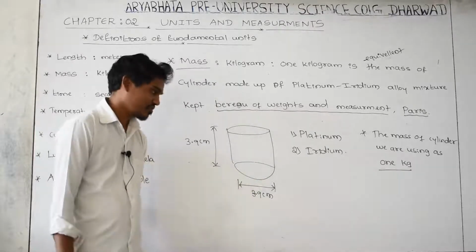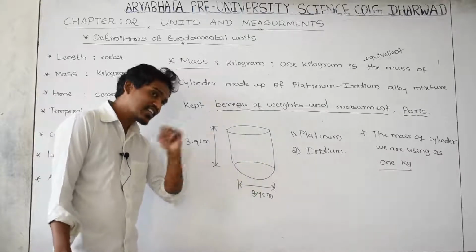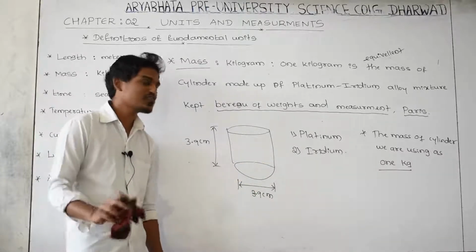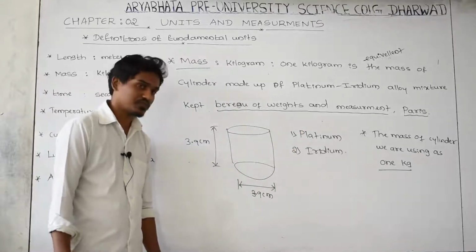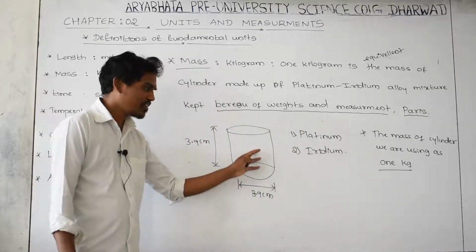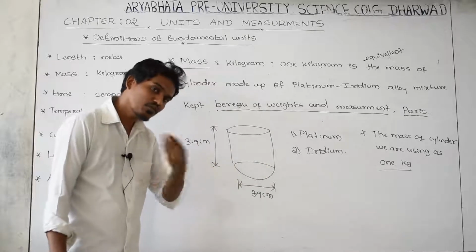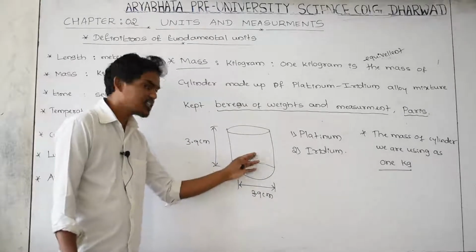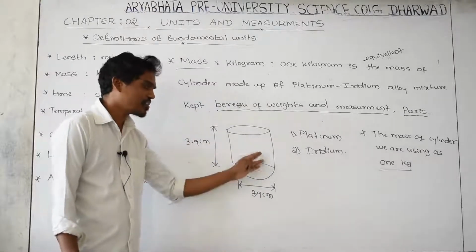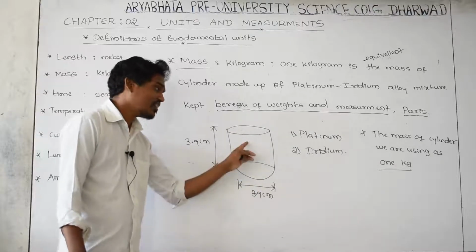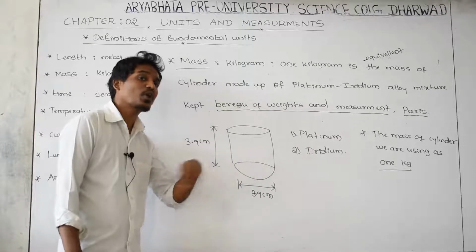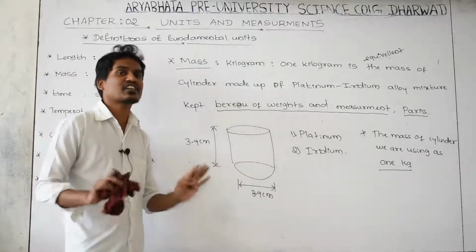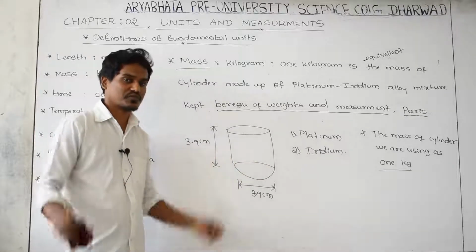Like that, why do we use the mass of this cylinder as 1 kg? The reason is this much: because this cylinder is made up of platinum and iridium alloy mixture, and the mass of the cylinder in the upcoming years never changes. And the physical properties of this cylinder are not affected by any other external properties or factors.